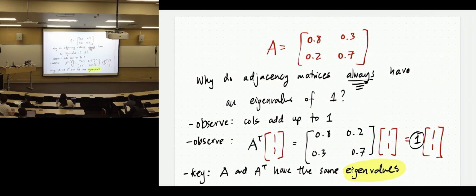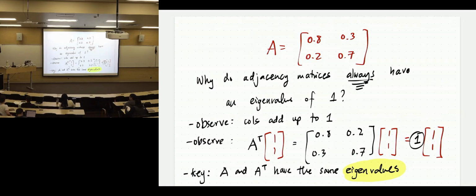Yeah, it's because they have the same characteristic polynomial, right? The eigenvalues in each case are the roots to the determinant of A minus lambda I equals 0 for A, and the determinant of A transpose minus lambda I equals 0 in the A transpose case.